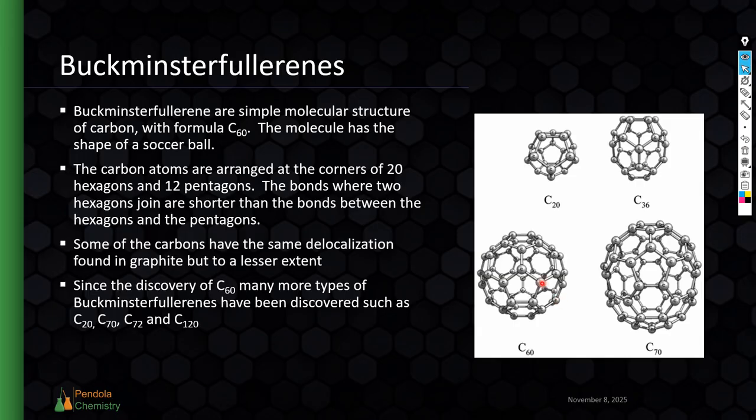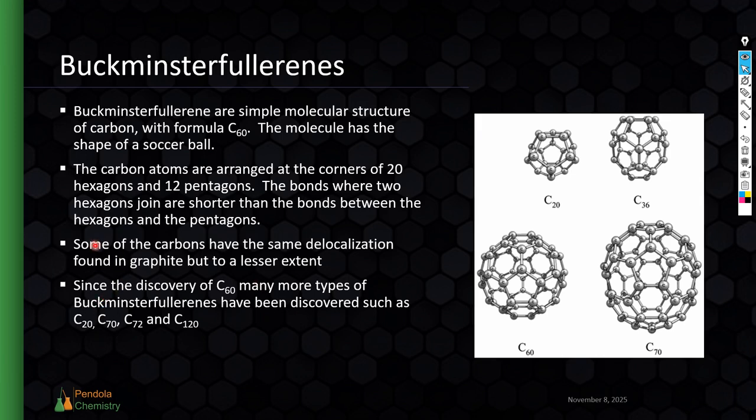Some of the carbons in the Buckminsterfullerenes can be omitted to form smaller Buckminsterfullerenes than C60, like C36 and C20, while we can also add more pentagons and hexagons to form something like C70. Now, you cannot make a Buckminsterfullerene out of any combination of carbons. There are only very specific numbers that will give you these hexagon and pentagon shapes: C20, C36, C60, C70, and so forth.